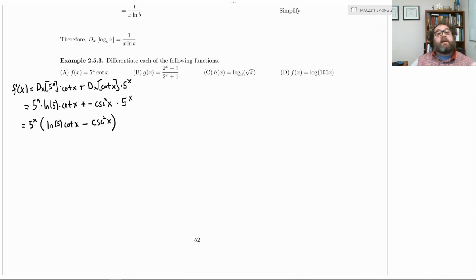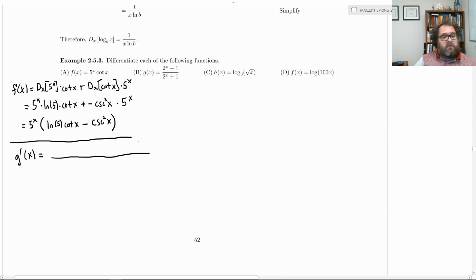For b, it looks like we have a quotient, the quotient of 2 exponential functions. So let's see what we can come up with. G prime of x. Quotient rule time. Get your big vernaculum.